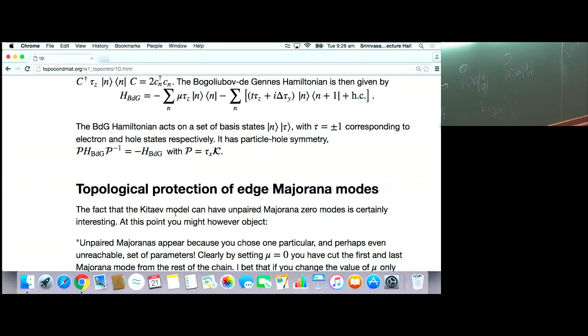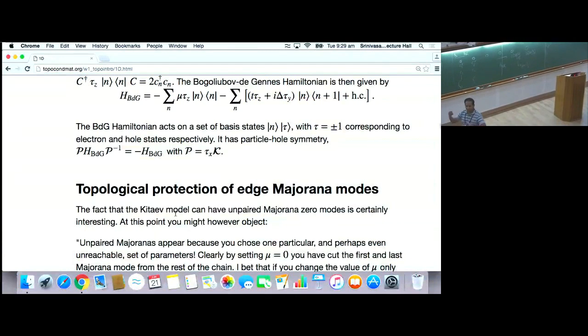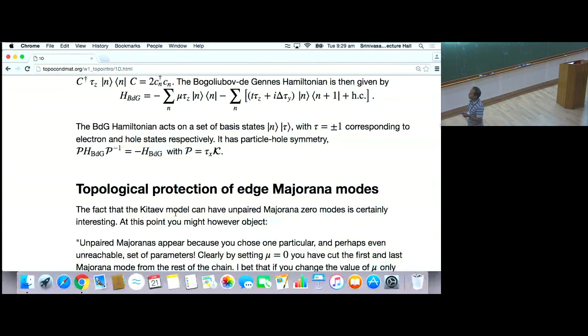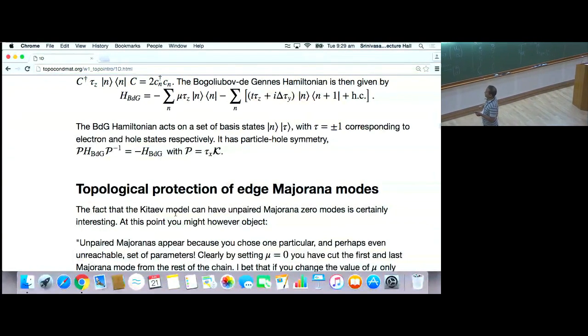And all that means is that when I write the Hamiltonian, it looks like this. Let's say I have a chemical potential term, which is diagonal in sites. It acts on each site and does not change site. For spin up, particles, it is positive, and for spin down, holes, it is negative.